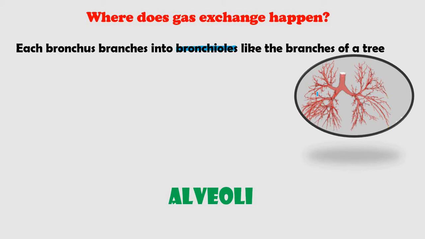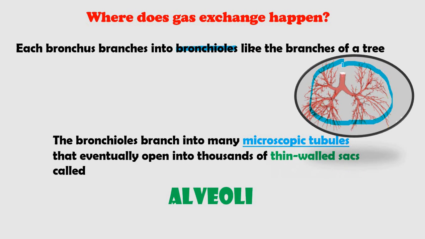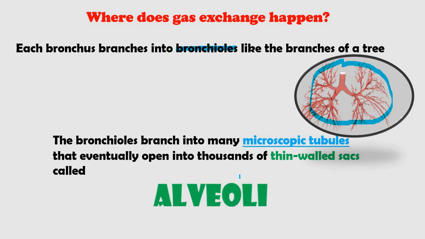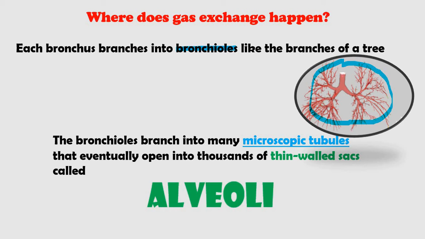It looks exactly like the branches of a tree, like here. The bronchioles are also branched into many microscopic tubules that eventually open into thousands of thin-walled sacs. These thin-walled sacs are called alveoli. This is where the gas exchange occurs inside the respiratory system.